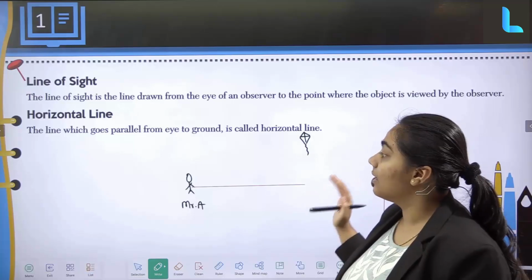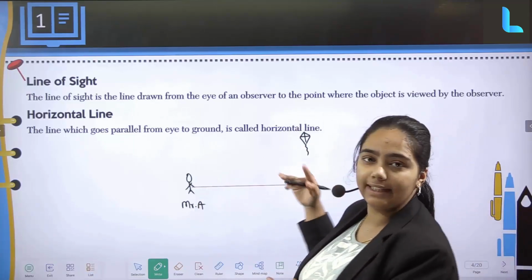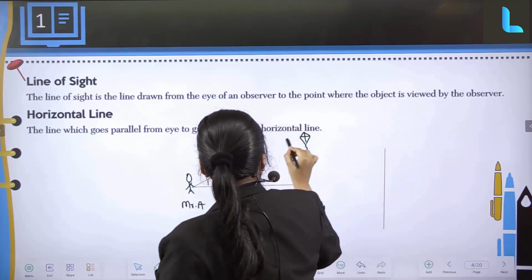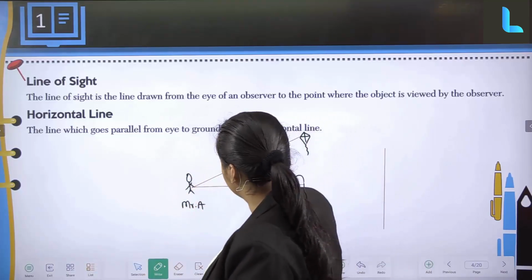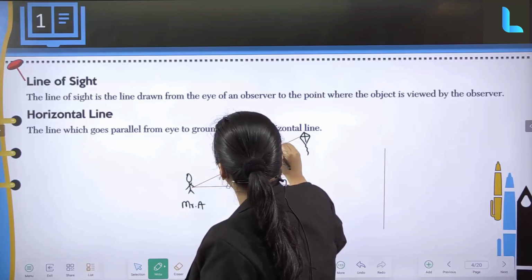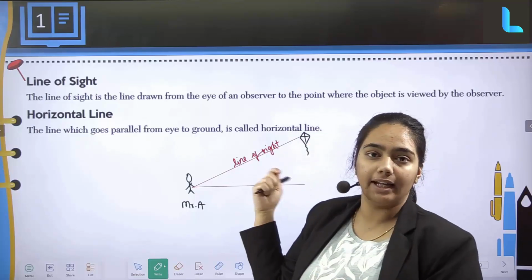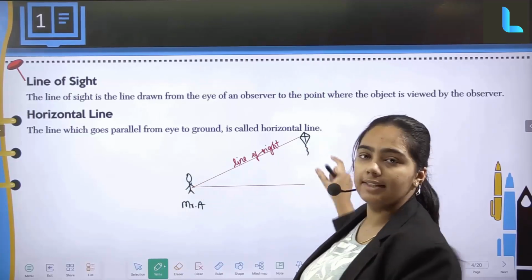When he is flying the kite, he is looking there. So this is called the line of sight. Why? Because he is standing over here, but he is seeing the kite which is flying in the sky.